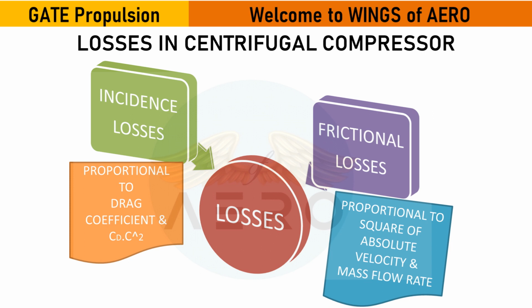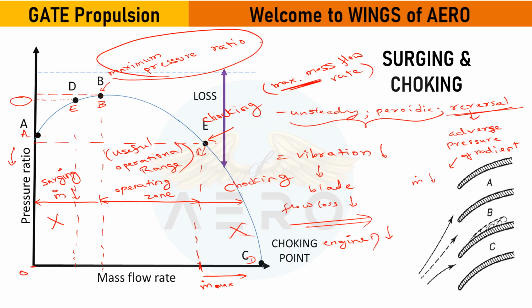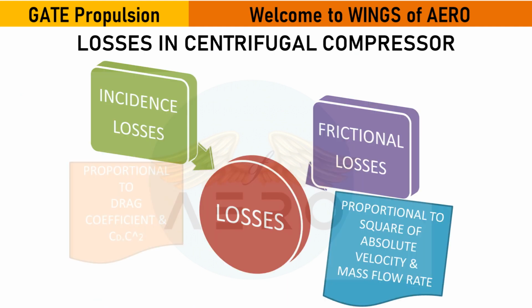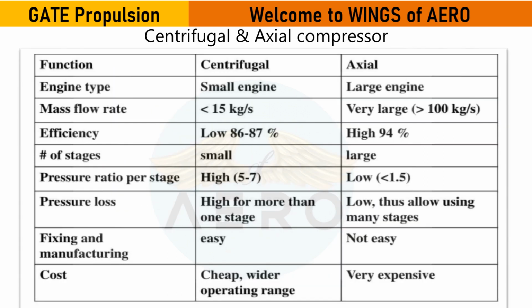Again, if the mass flow rate increases, as we have seen in the choking condition beyond the operating zone, that again will lead to frictional loss.